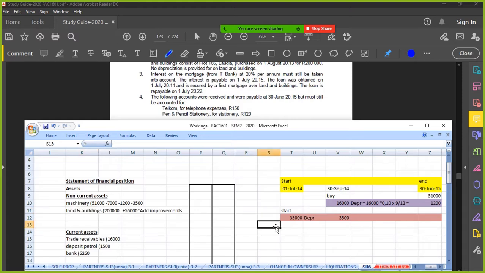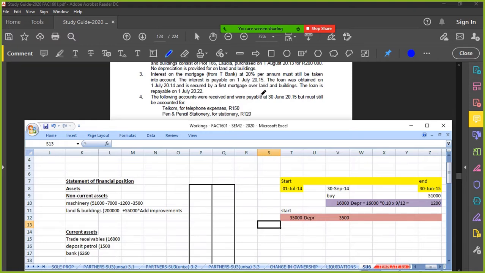For 3, I debited interest on mortgage and credited accrued expense. Yeah, that's fine, that's good. Amount? We can work it out now if you haven't done it, not a problem.